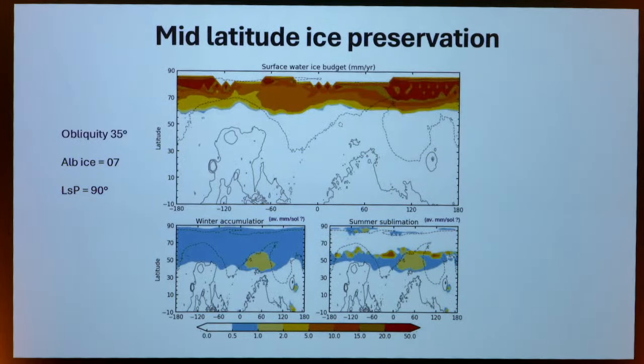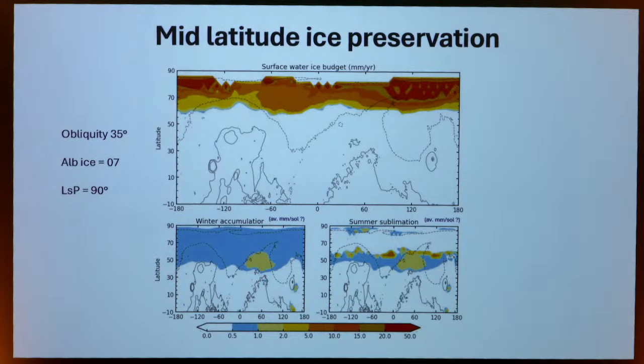And so regarding the preservation of the deposited mid-latitude ice during the summer, the color bars are wrong. I think the bottom color bar is only for the upper panel, and I'm pretty sure the 2 bottom panels are in a different color bar, so just look at the patterns.